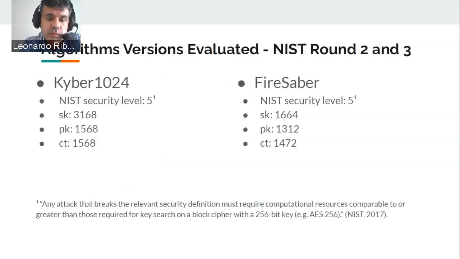The algorithm versions evaluated were, for Kyber, the 1024 version, and for Saber, the FireSaber version. Both of them use security level 5. Those were the versions that we used for testing.